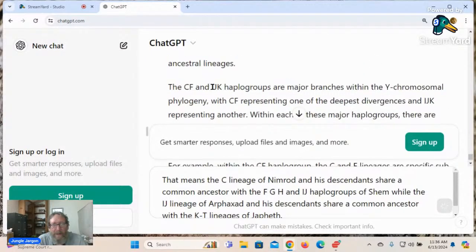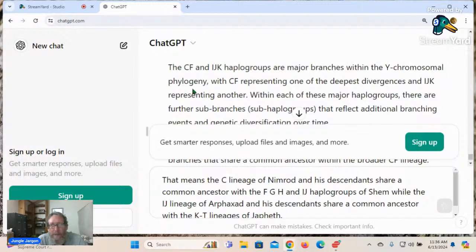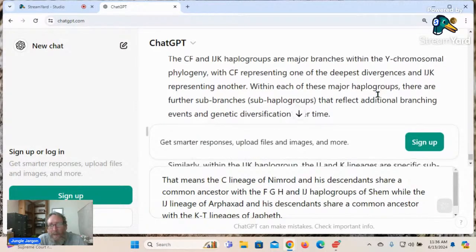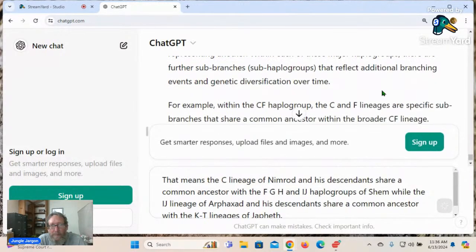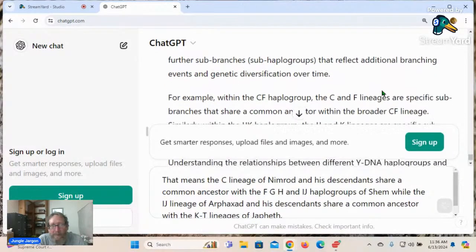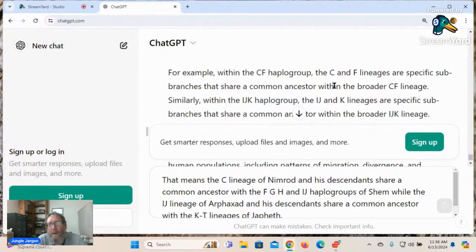The CF and IJK haplogroups are major branches within the Y chromosomal phylogeny, with CF representing one of the deepest divergences and IJK representing another. Within each of these major haplogroups, there are further subbranches that reflect additional branching events of genetic diversification over time. For example, the CF haplogroup and the C and F families are specific subbranches that share a common ancestor.